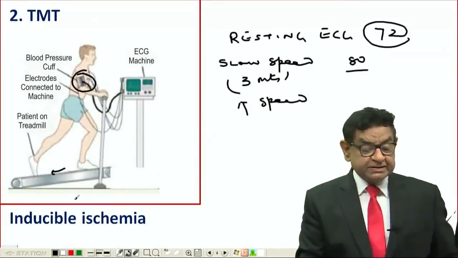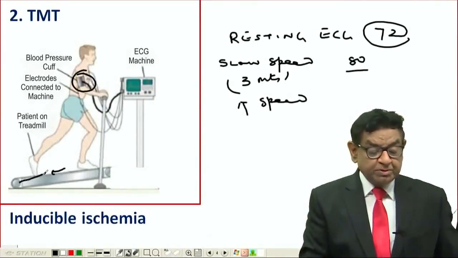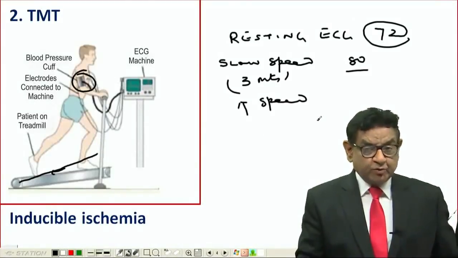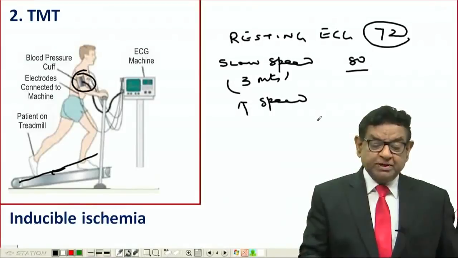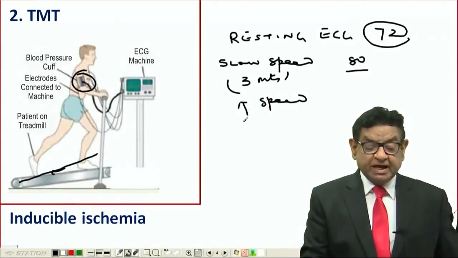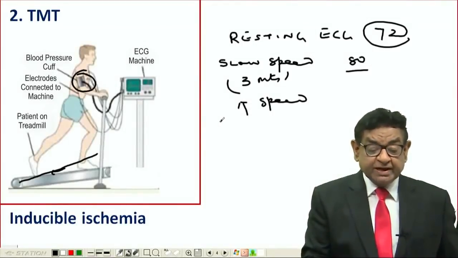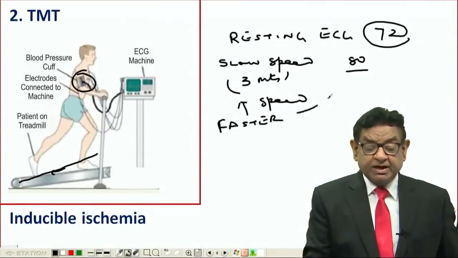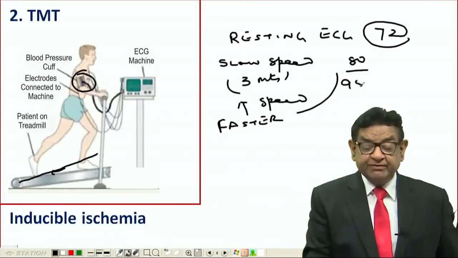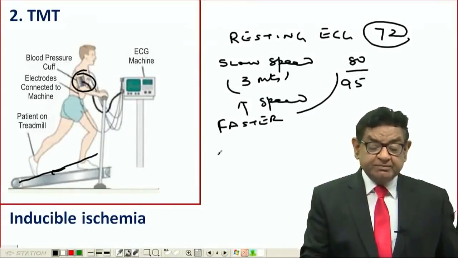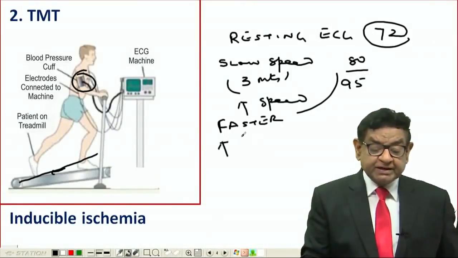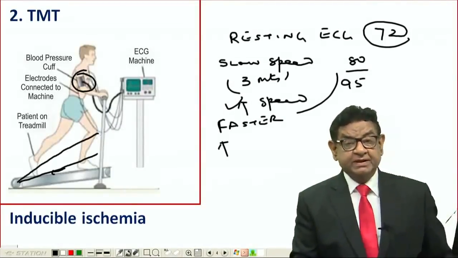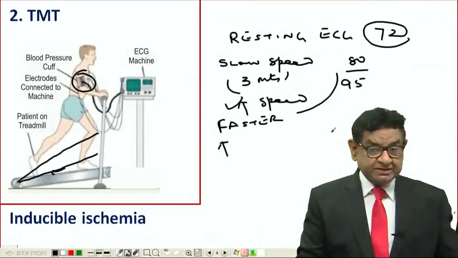Not only the speed, even the height automatically goes up. It means you are going uphill. Now the patient has to run faster, and the heart rate may go up to maybe 95. Again after 3 minutes, the speed increases further and the height also increases further.